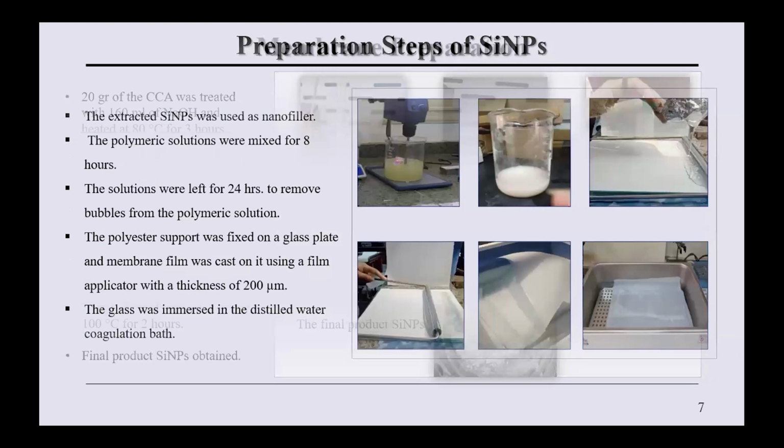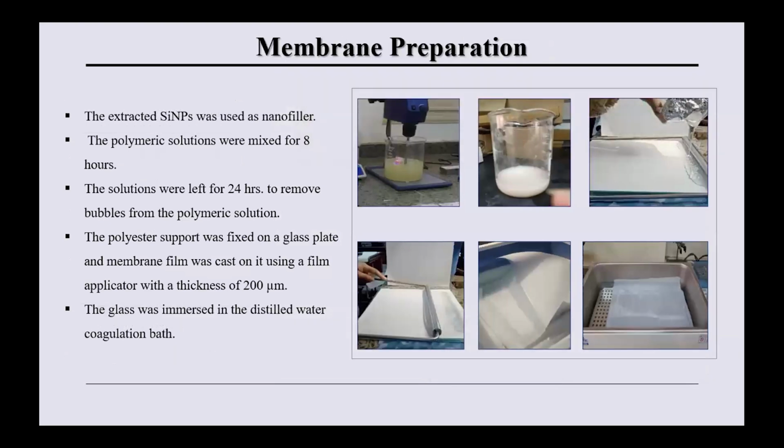The third step was preparation of the membranes. We prepared 4 samples of membrane with different amounts of silicon nanoparticles. First, we mixed different amounts of silicon nanoparticles with the polymer solution of cellulose acetate.